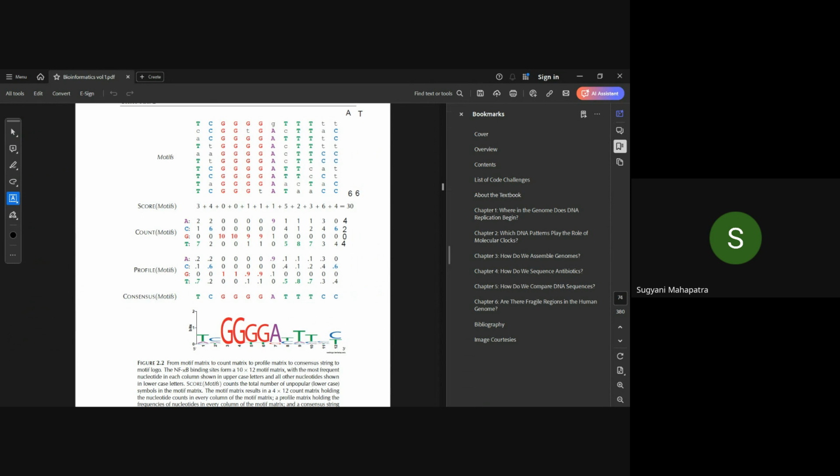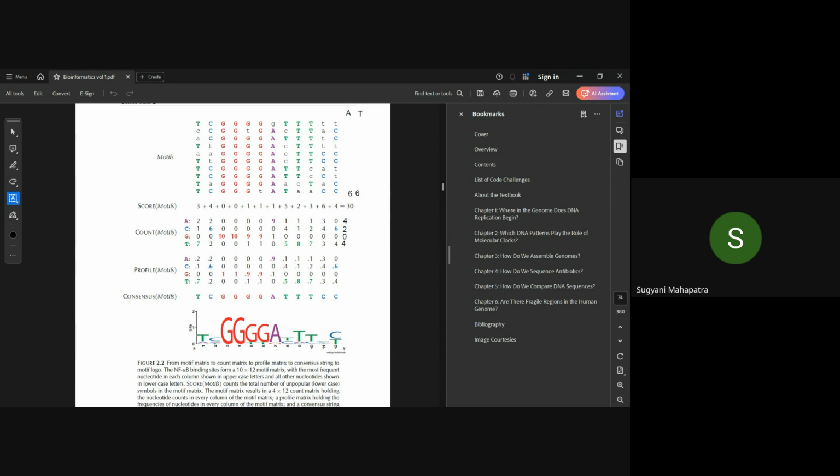The idea behind consensus is forming the reference motif. We want to generate what is the actual motif, what nucleotide is at what position. So if you already know that A is the correct motif at the first position, there is no question of generating the consensus because it doesn't make any meaning.